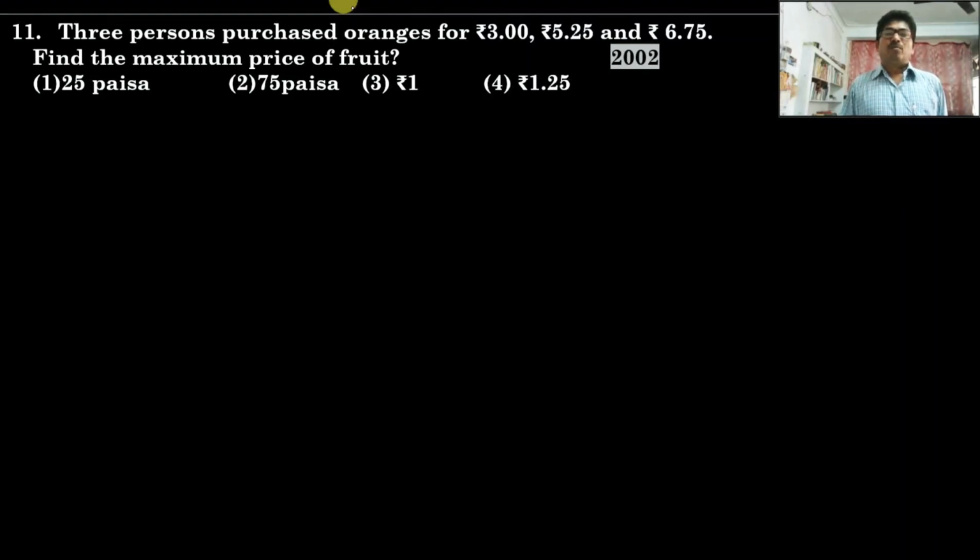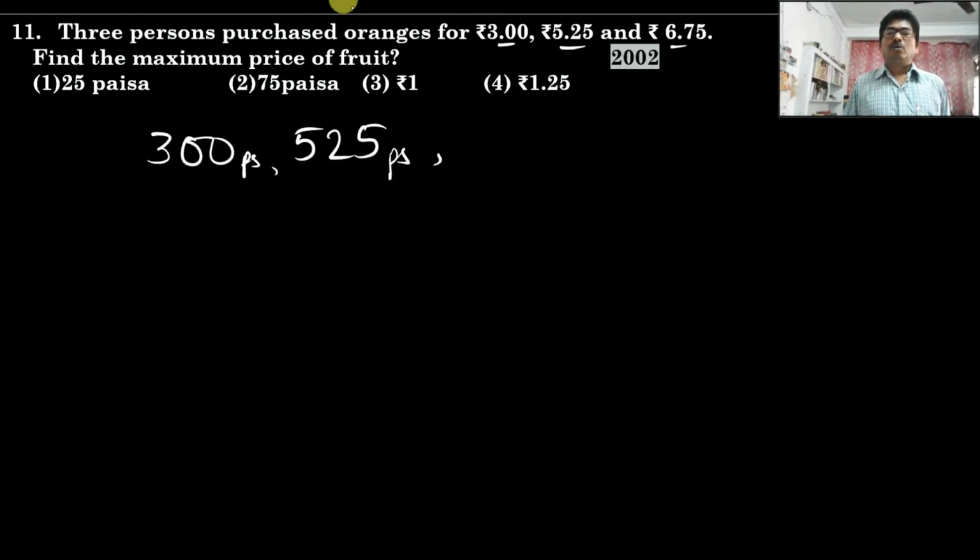Before finding the GCD, we delete the point and the rupees symbol. Then we can change them to 300 paise, 525 paise, 675 paise. So now we have to find the HCF.